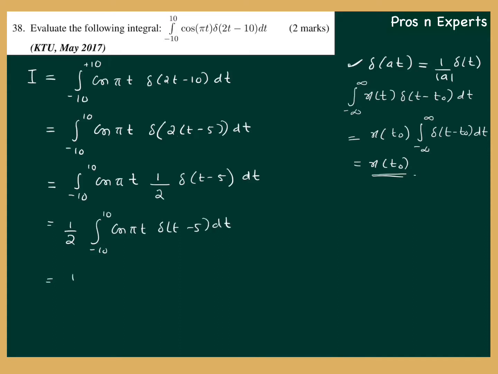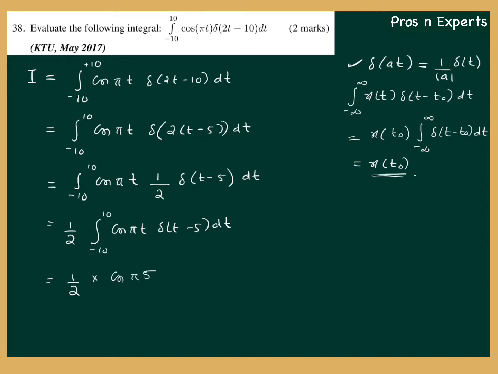Alright, that is equal to 1 by 2 into, so now this integral is of the form where we can directly apply the shifting property. Okay, so this is x of t into del of t minus t0. t0 is 5, so the answer will be 1 by 2 into cos pi into 5.